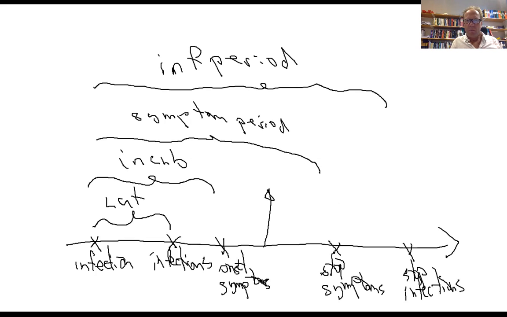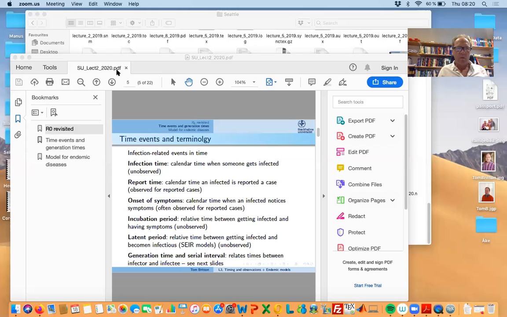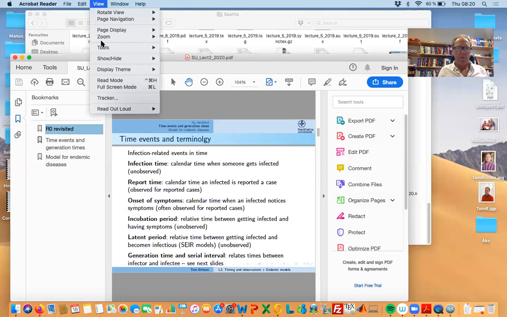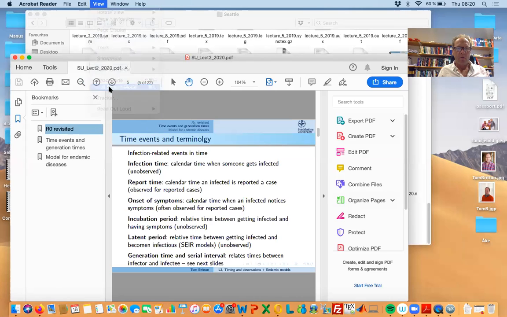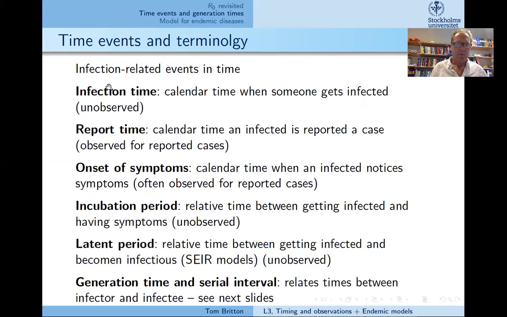All right, let me go back to my slides. And generation time and serial interval, that is connecting two different individuals, the infector and the infectee.